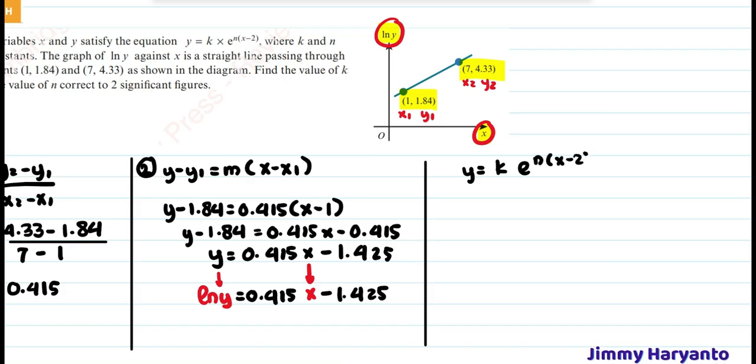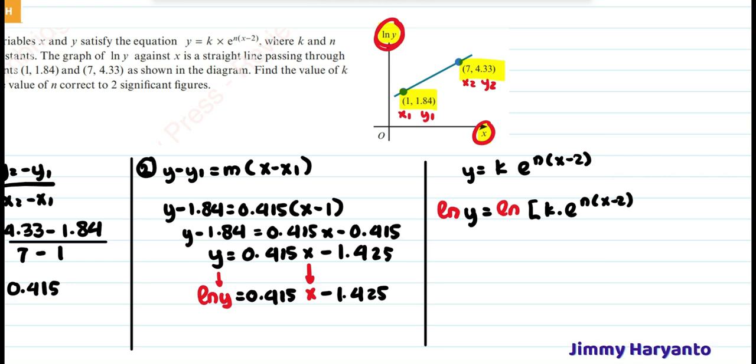It will be this one. Because the question says ln y, I have to add ln on both sides. So I will have ln y equals ln of k times e to the power of n times (x minus 2). Okay, and then I will use the product rule.